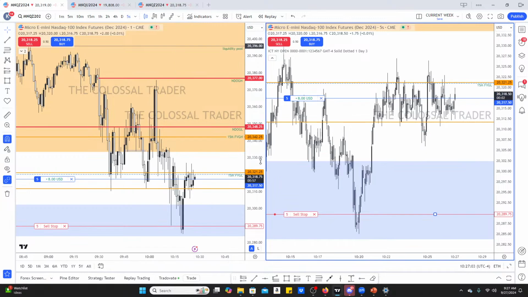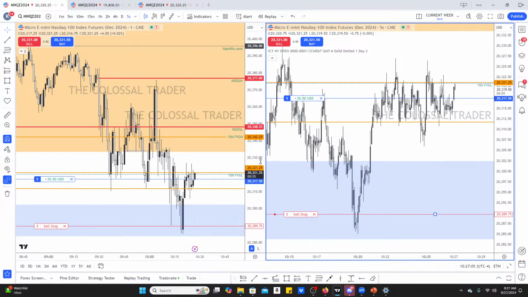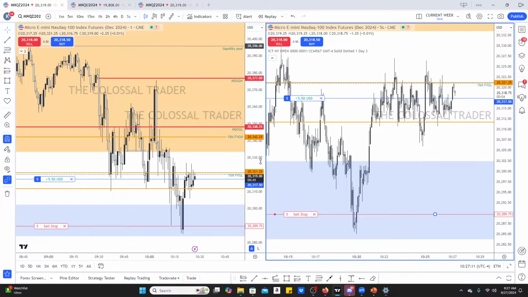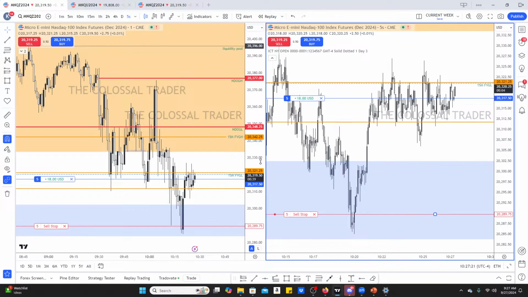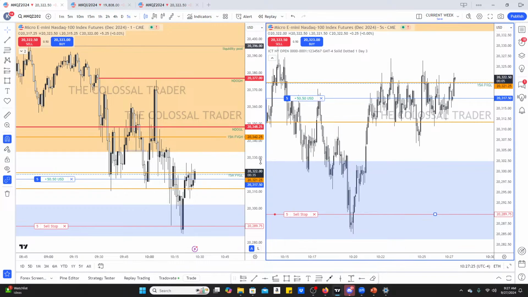Nasdaq needs to literally just pop higher if we're to have any hope here, because S&P is way up in the sky. Nasdaq's still down here struggling. That's not showing any sign of strength. It needs to really push aggressively.